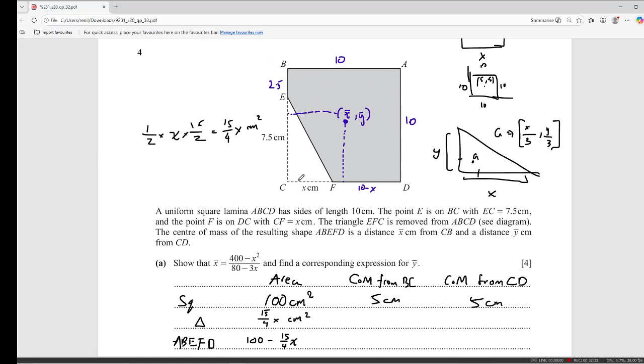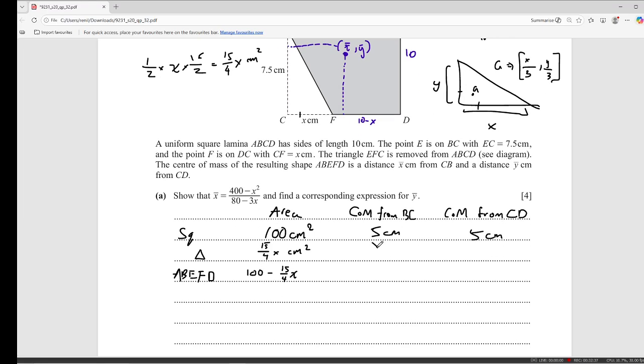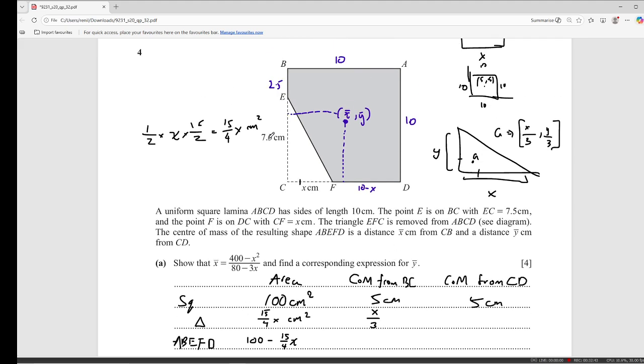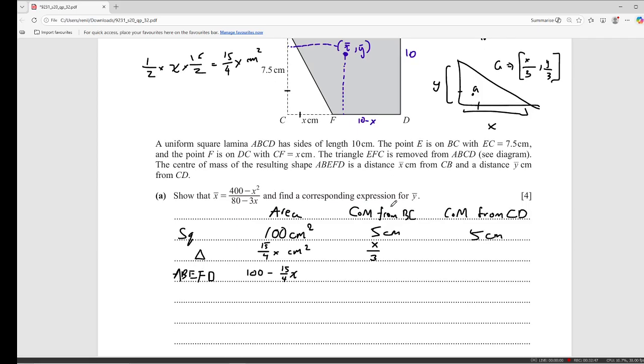Our horizontal distance is x by 3, that's right here, and our vertical distance is 7.5 divided by 3, somewhere about here, and that's going to be 2.5. So I'm going to write this as 2.5 centimeters. You can write this as 5 by 2 also, it doesn't really matter. Let's write that as 5 by 2.